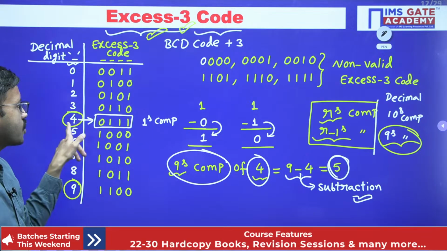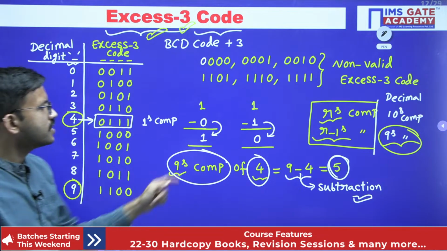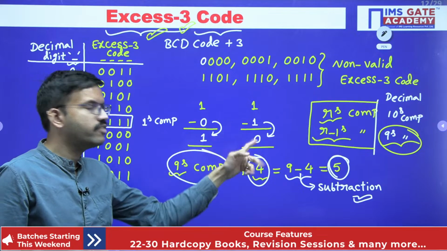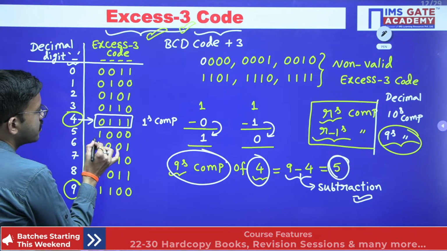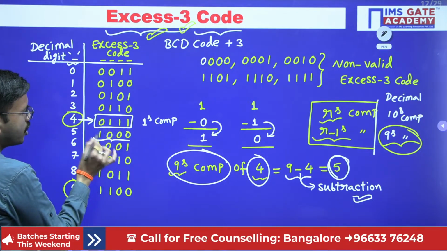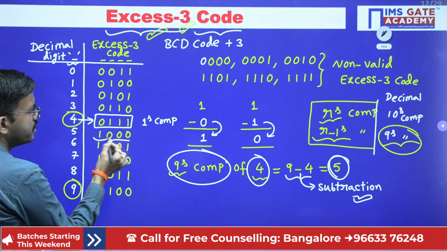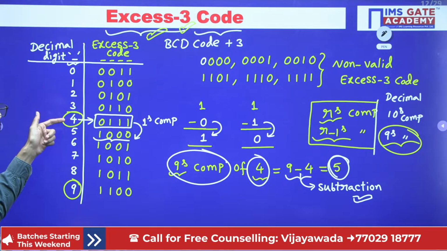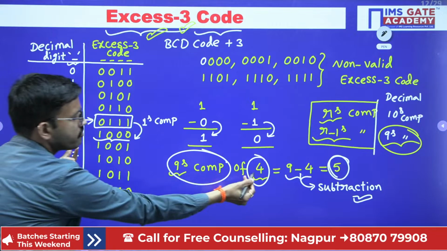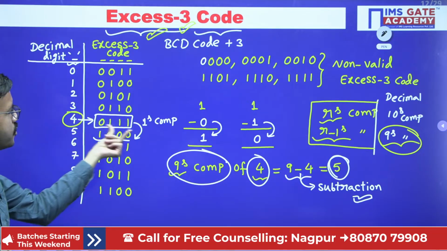It is very simple. Wherever zeros are there, replace with 1. Wherever 1's are there, replace with 0. So you will get this number, yes or no? 0 complement is 1, 1 complement is 0.